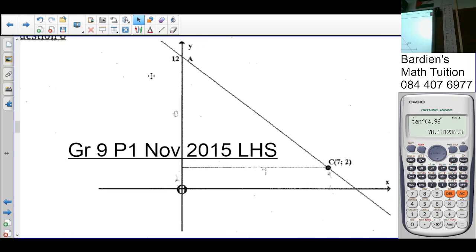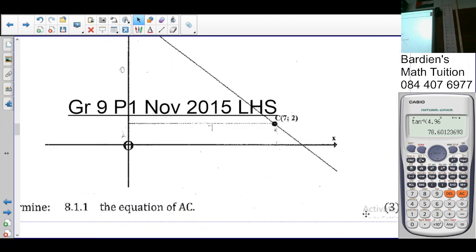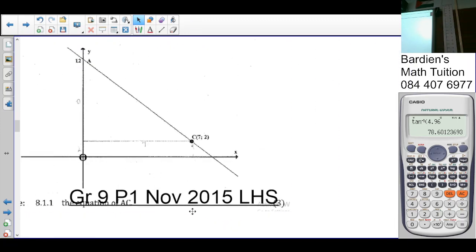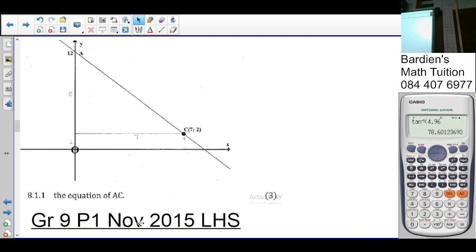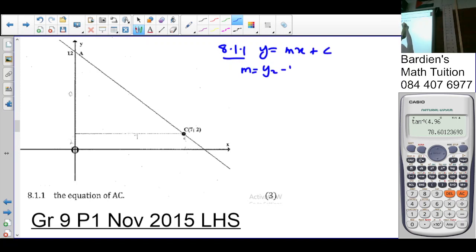Let's look at question 8. Question 8, we are told determine the equation of AC. Now, to determine the equation of a straight line, we know it will be in the form of y is equal to mx plus c. How do you calculate m? y2 minus y1 over x2 minus x1. So the coordinates of A is 0 and 12.